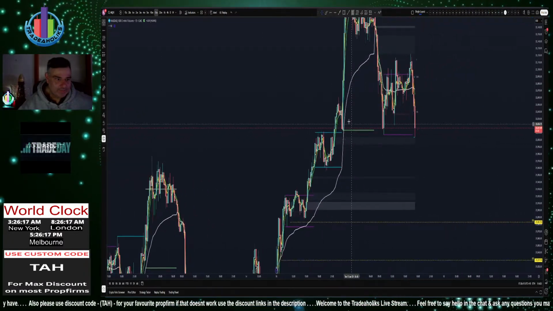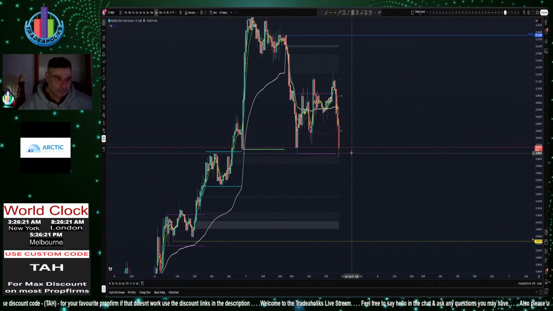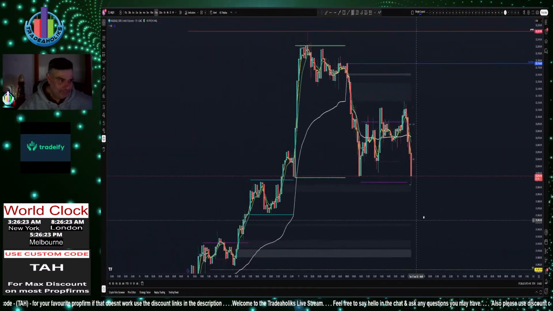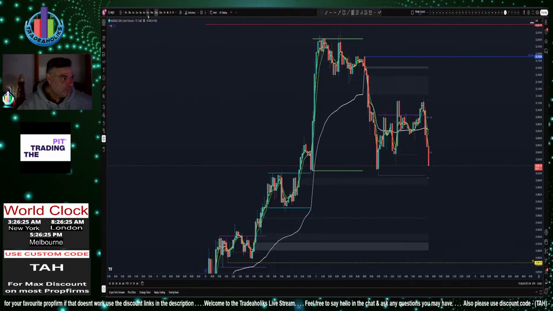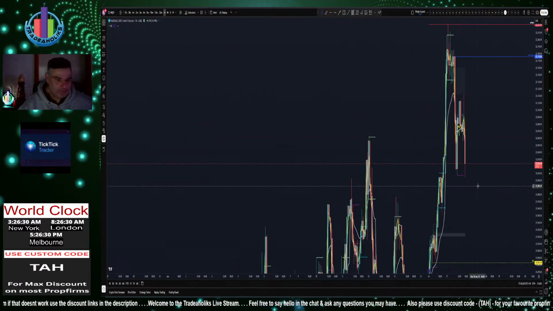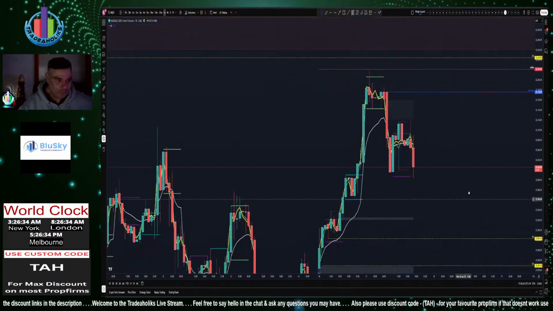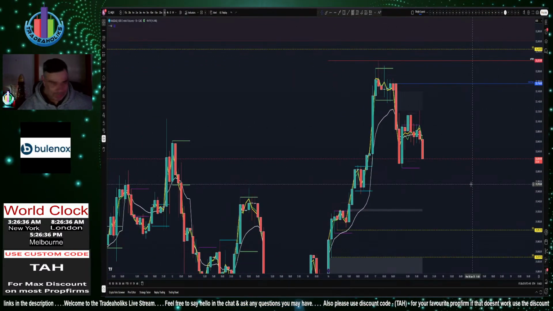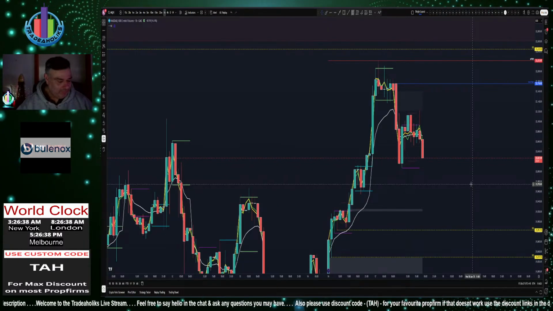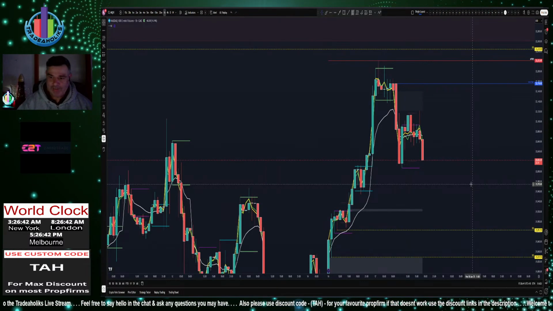Resistance, resistance, breakthrough, support, support, support. I did think we were going to come down initially. If I had a bias for the day, it would be on the downside, on the down low.